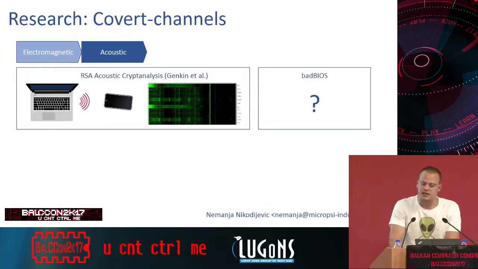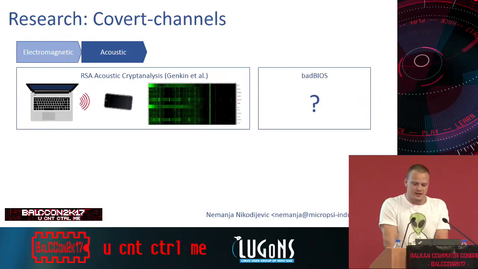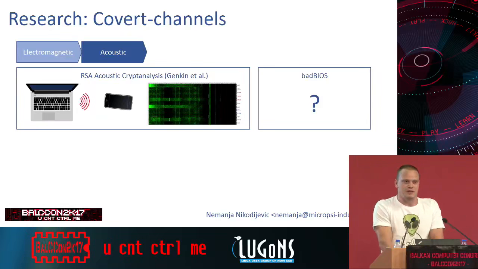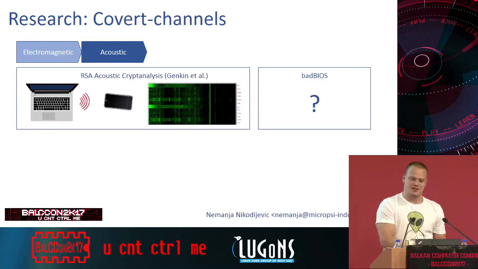Another example of an acoustic covert channel is BadBIOS, but I cannot tell you much about that because I couldn't find any malware sample, and talking about BadBIOS is probably a bit like talking about God. Some people believe in it, some people don't. Some people proved there might be a possibility of that happening, but we don't know what exactly happened to Dragos Ruiu when he said he was attacked by a malware that was apparently exchanging information between two computers via an acoustic channel.